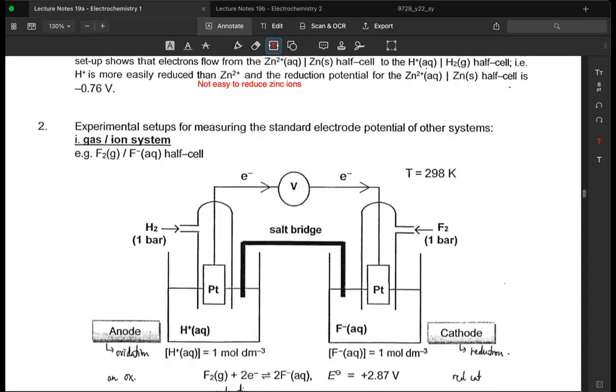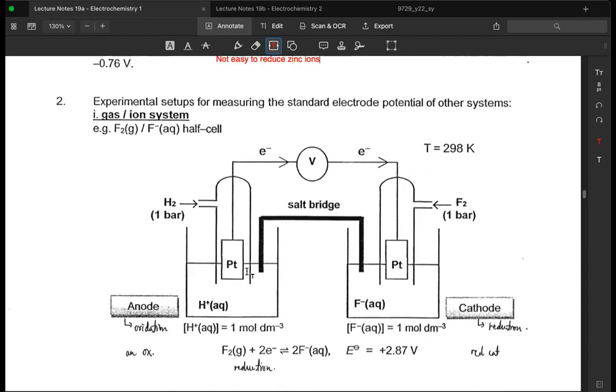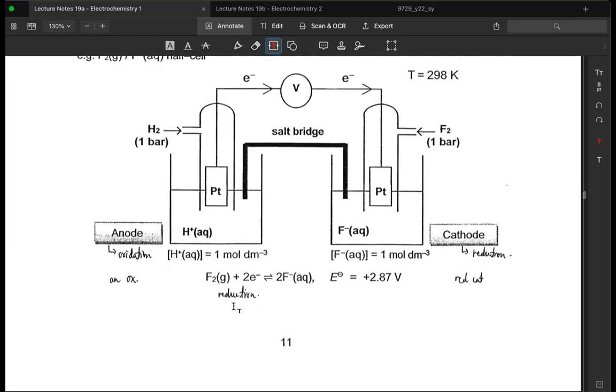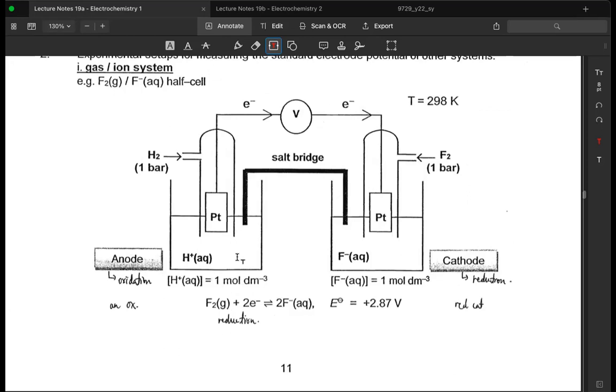Now, another example, you have a gas ion system, fluorine. All right, so in this case, fluorine actually gets reduced very easily because it is group 17, right? And fluorine is super reactive. We all know that it's the most reactive non-metal in the periodic table. So the standard electrode potential, I call it E0, is super high, plus 2.87.